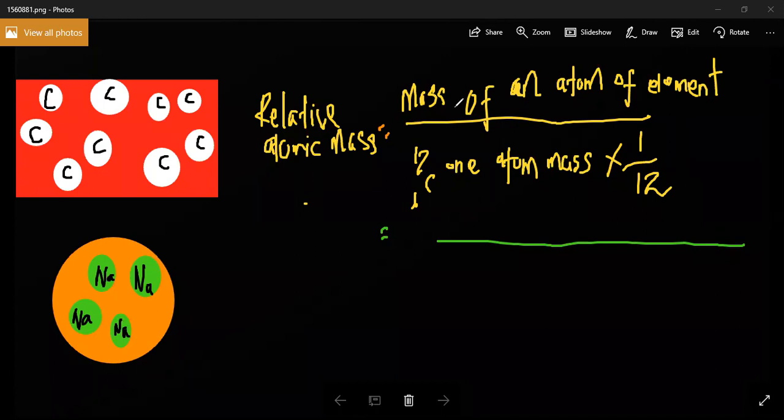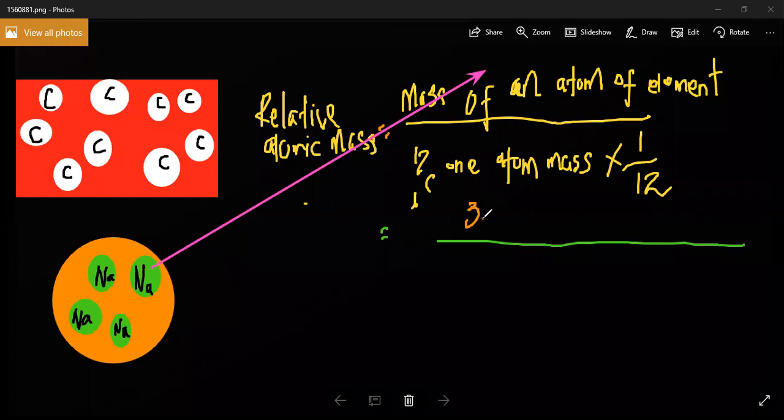Now look. Relative atomic mass means the mass of an atom of an element. I am bringing this equation for sodium, so I just put sodium here to help you understand clearly.